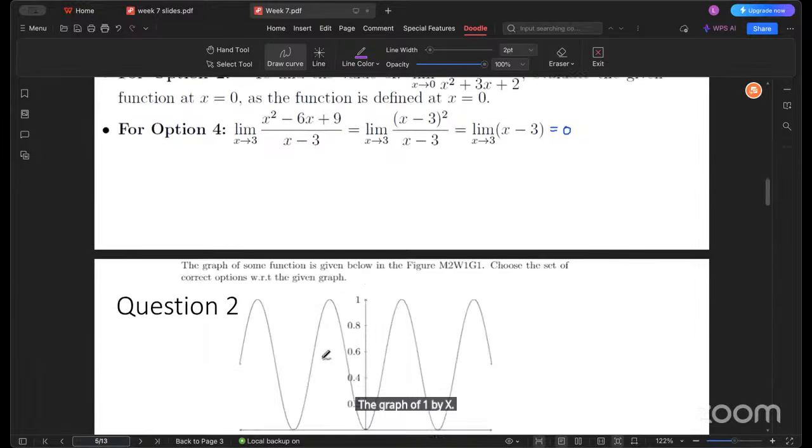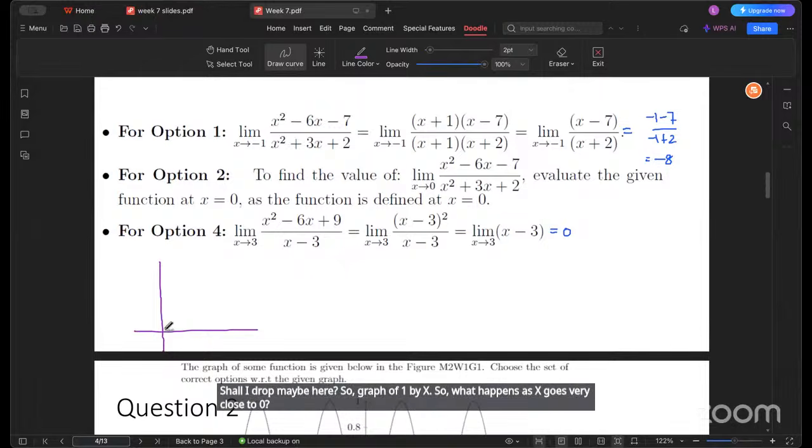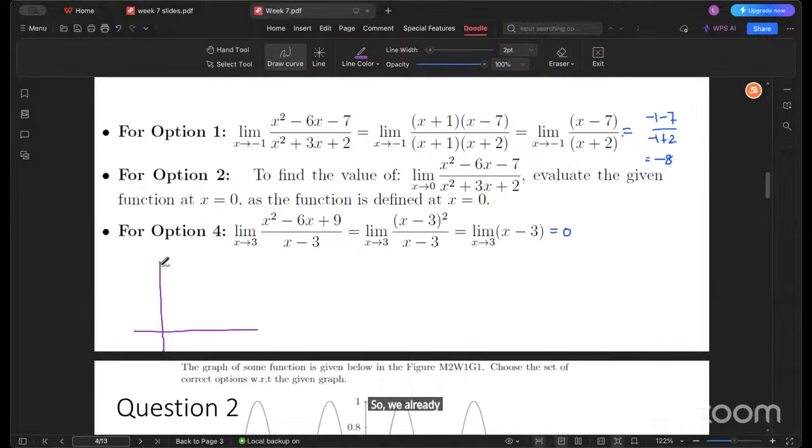Maybe I'll draw here. So what happens as x goes very close to 0? We already saw what happens. It goes very close to infinity, right? At 1, it is 1. Let's say this is 1.